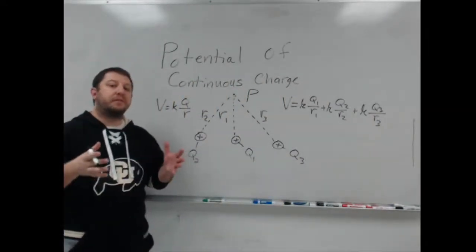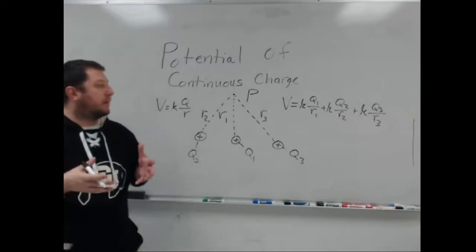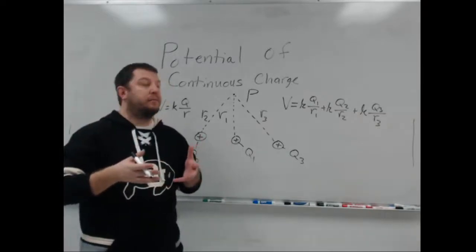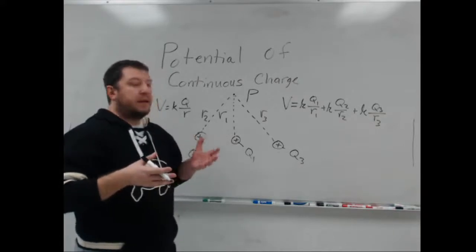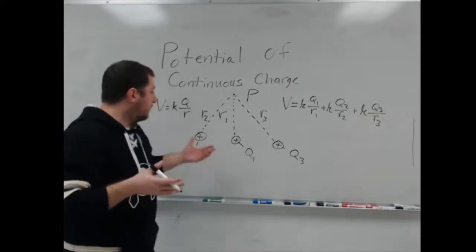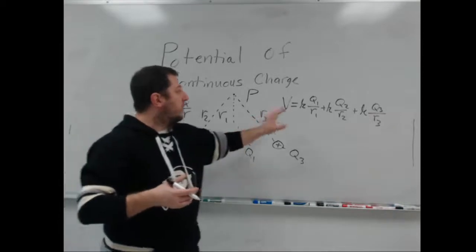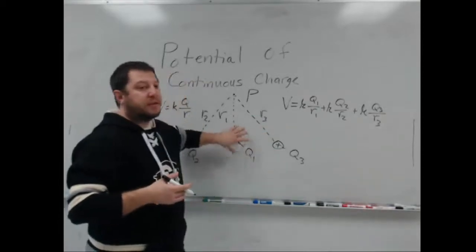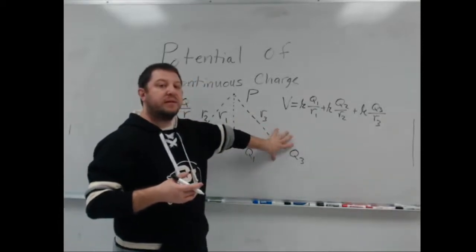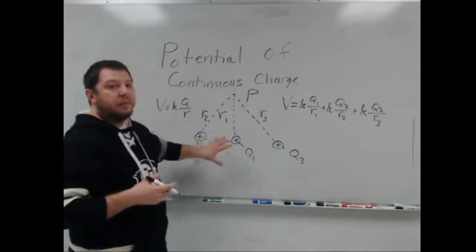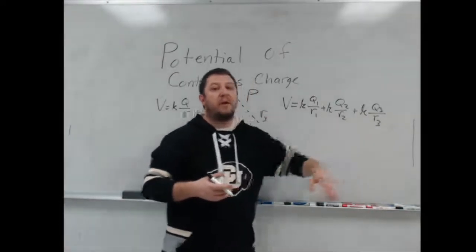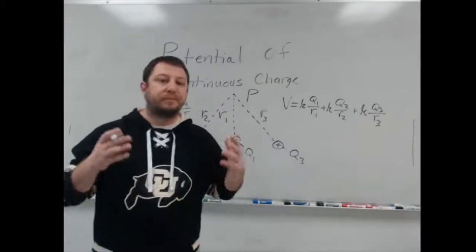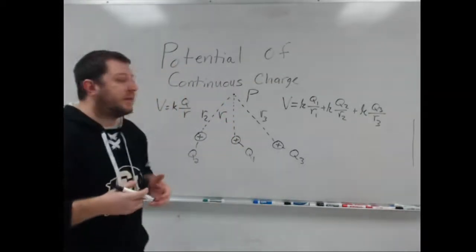So potential adds, I hesitate to use the word superposition, but it adds linearly. So whatever the potential from my first charge is, plus the potential due to the second charge, plus the potential due to the third charge, you just simply add up all of those individual calculations, and that is your potential.